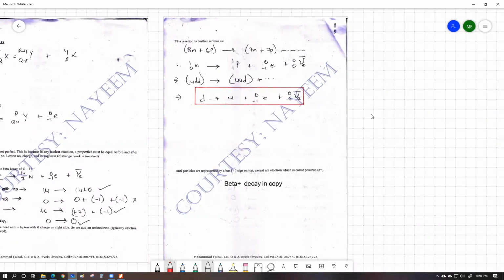One quark and one antiquark can merge together to produce composite particles which are called mesons, M-E-S-O-N-S.